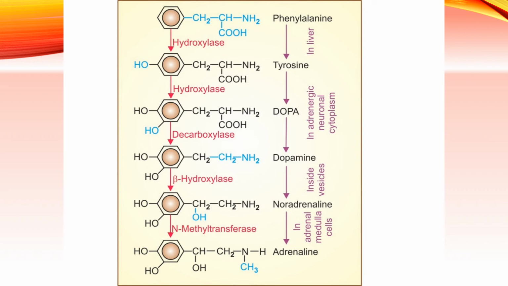And then with the use of the carboxylase, it will become dopamine, and the dopamine inside the vesicle will be catalyzed by beta hydroxylase to become noradrenaline. And noradrenaline, if it is catalyzed by N-methyltransferase, now becomes adrenaline.